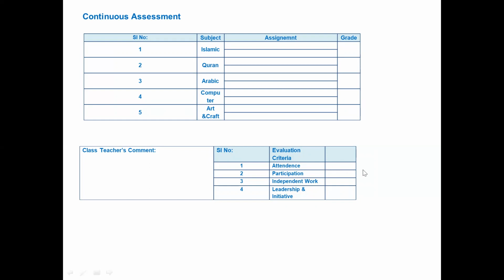So their overall grade is not based on these criteria. It is based only upon the assignments given, but we are giving a comment here to the parents so that they will know how their performance was based on these criteria during the online assessment. So this is the progress report.